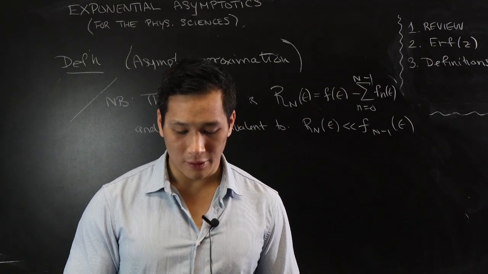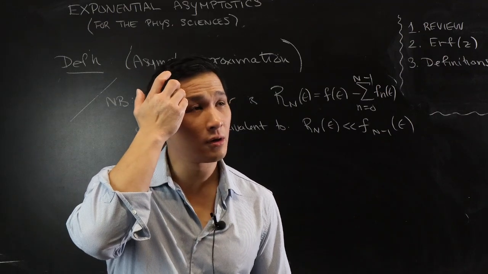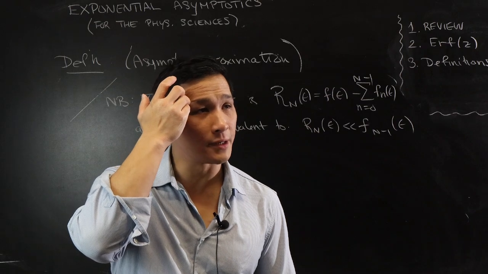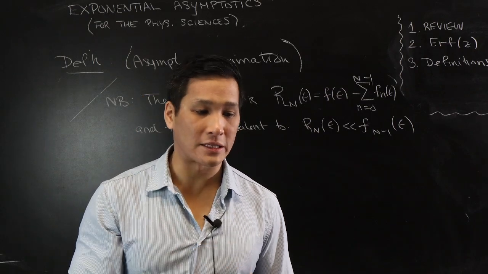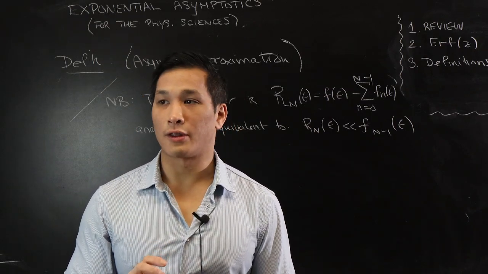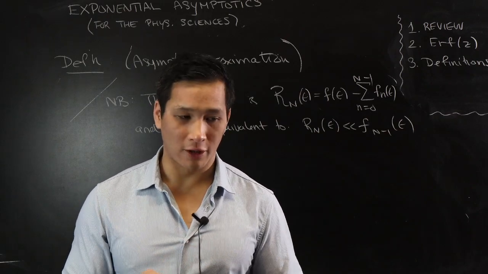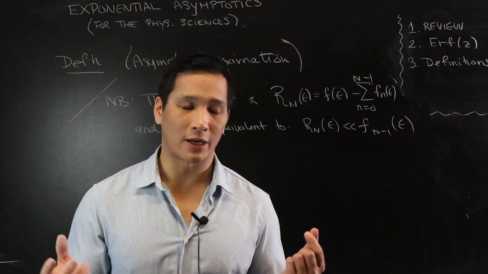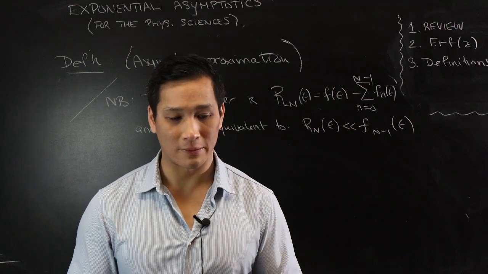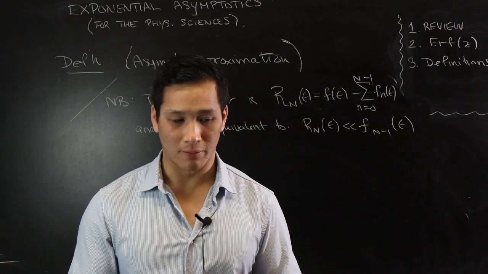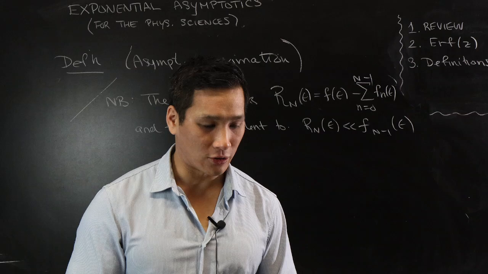The last thing I'll mention is that, as we said previously, Poincaré had noted that if I have two asymptotic approximations, I can multiply them and I still have an asymptotic approximation. I can add them together, and I can integrate them, but I just can't differentiate them.